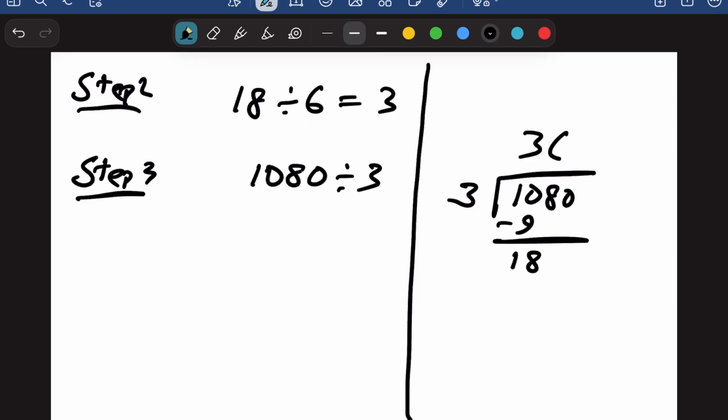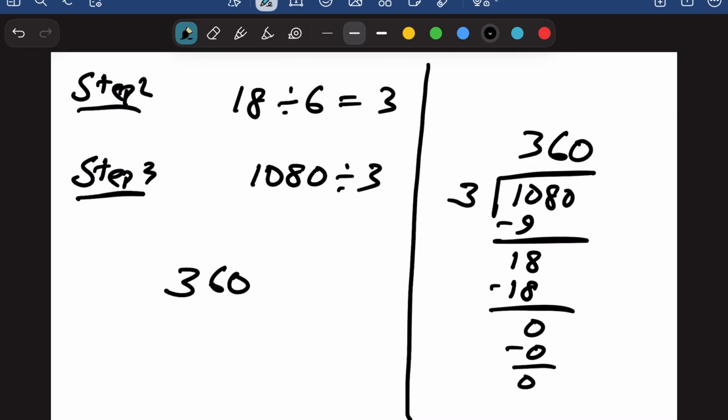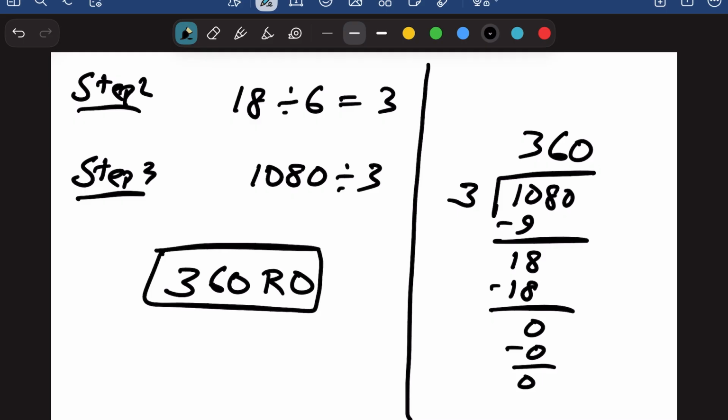Then 8 comes down. 3 times 6 is 18. 0. 3 times 0 is 0. Okay. So that means the answer of this problem is 360 R0. Okay, so this is the final answer.